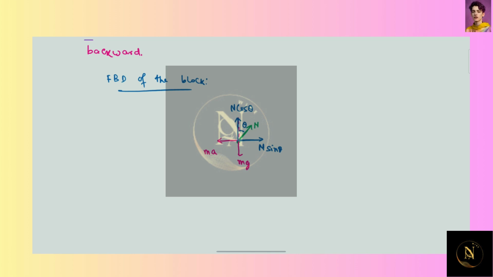As with respect to the inclined plane the block is at rest, the net force on the block will be 0, which implies that along the horizontal direction the ma force will be balanced by N sin theta. Let's say that is my equation number 1a, and along the vertical direction the mg force will be balanced by N cos theta. Let's say that is my equation number 2a.